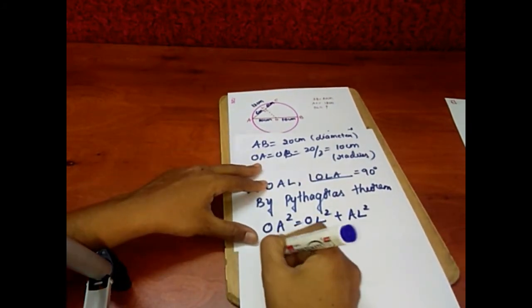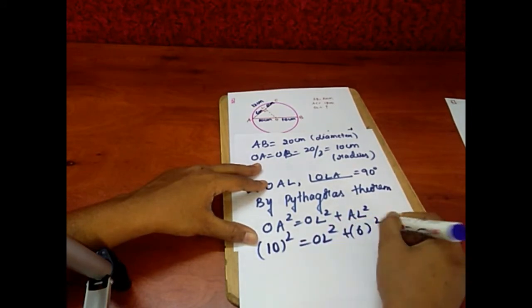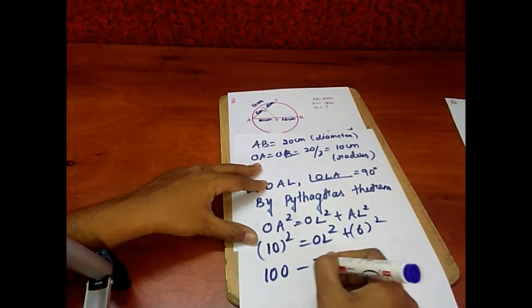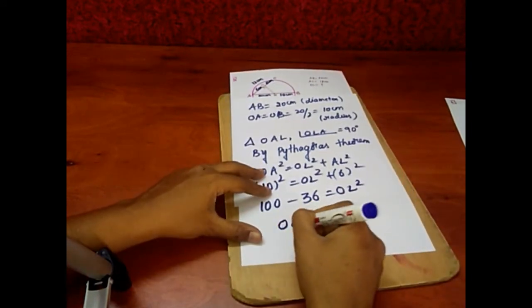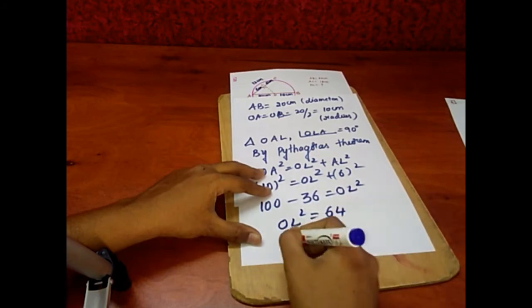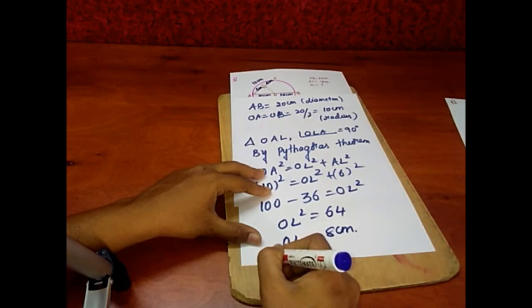Measure of OA is 10. 10 square is equal to OL square plus AL square. 100 minus 36 is OL square. Hence, OL square is 64. Measure of OL is equal to 8 centimeter.